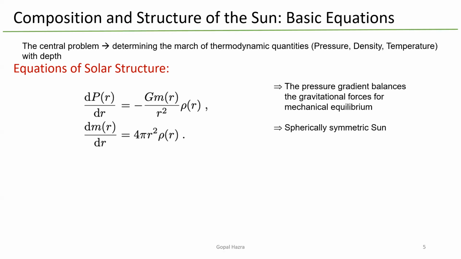In principle, this mass element can be in equilibrium only if the gravitational force and the pressure force are equal, right? So in principle, you can write F_G equal to A dP. That is your net force, because the pressure variation is dP and the area is A. I'll give you one example. I'm standing there.